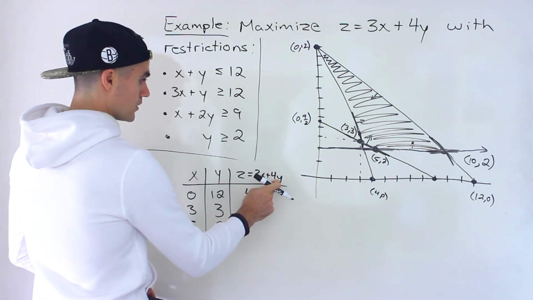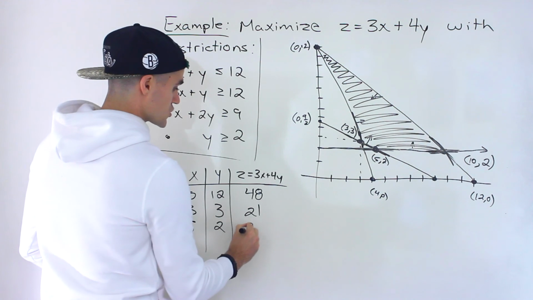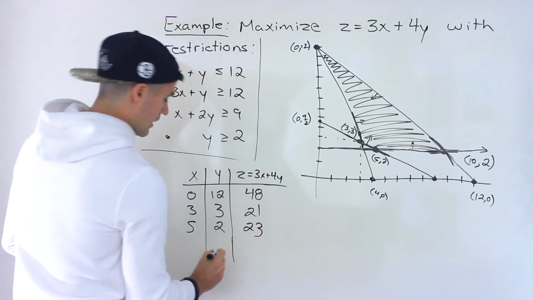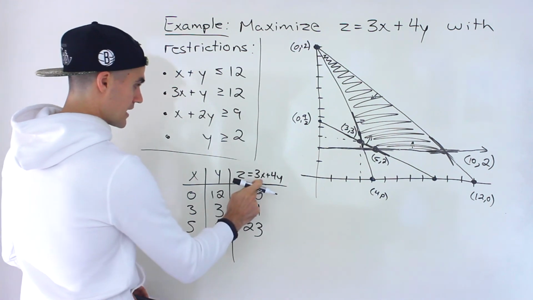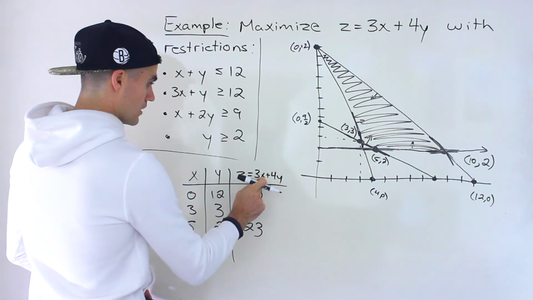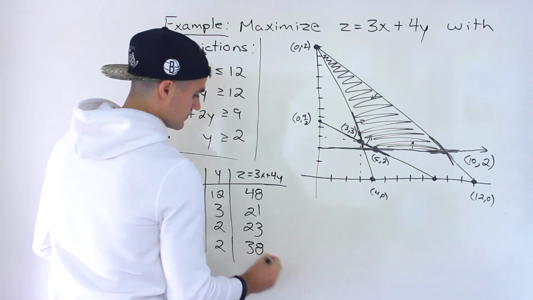Plug in 5 here, plug in 2 here, so we'd have 15 plus 8, which would give us 23. And then that final point, 10 and 2, plug in 10 over here, plug in 2 over here. That would be 30 plus 8, which would give us 38.